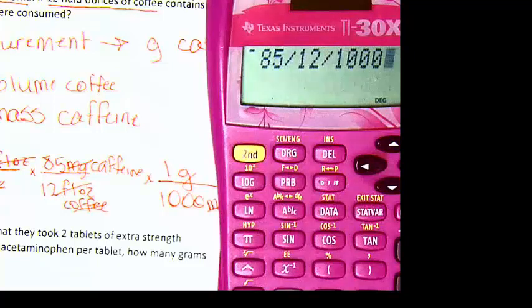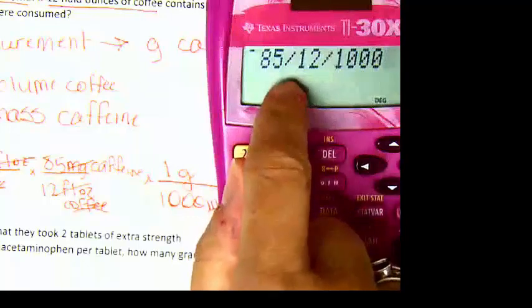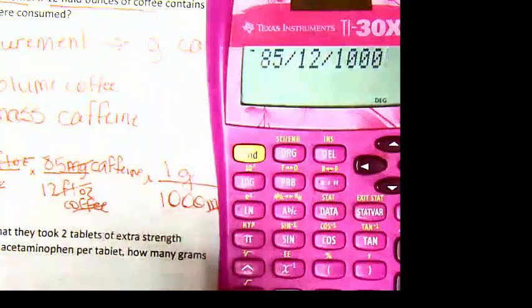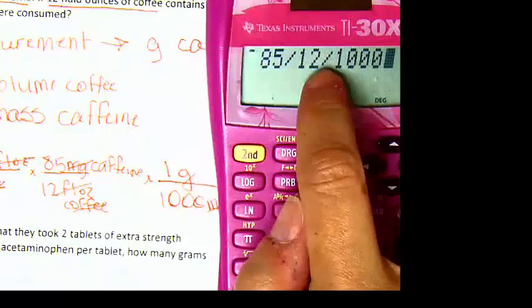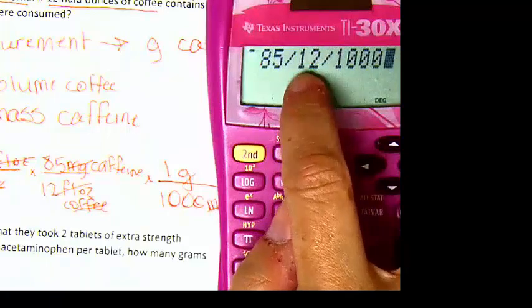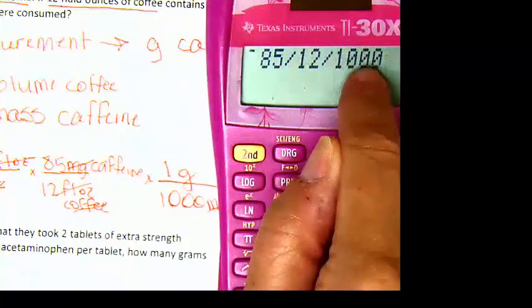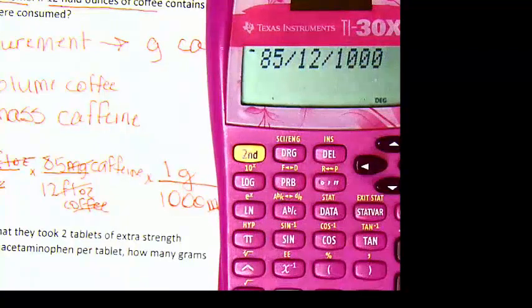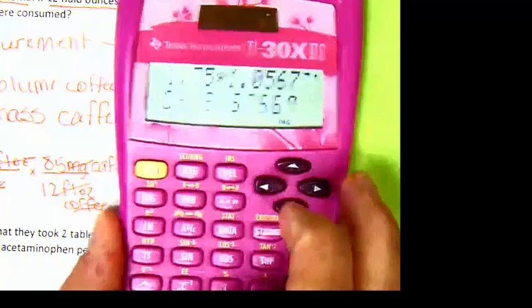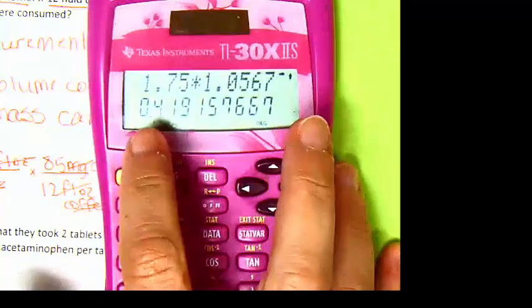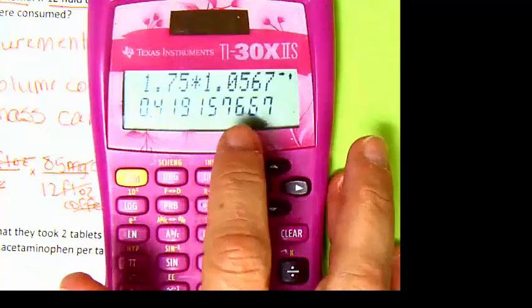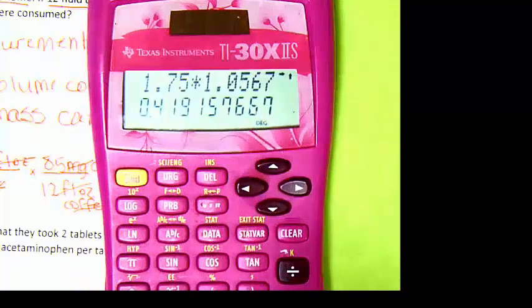You can string the numbers on the calculator, but before you type any number, you've got to tell the calculator, is it in the denominator, that's divided by, or is it in the numerator, that's multiplied by? So I put divided by 12 because it's in the denominator, but the 1,000 is also in the denominator, so I've got to hit divided by 1,000. Okay, then we get 0.419157667.